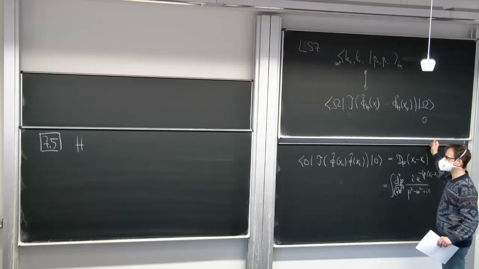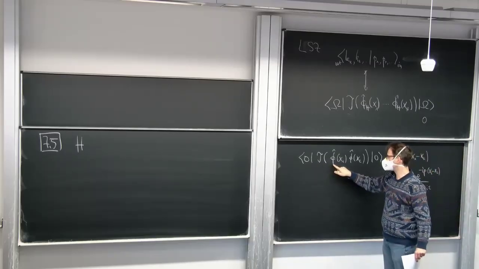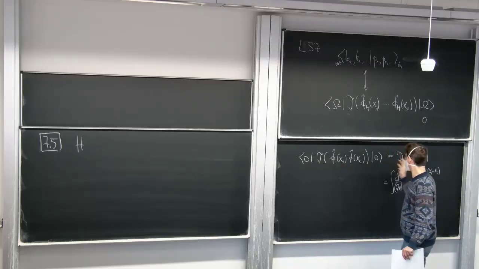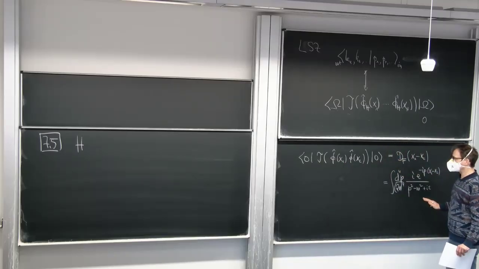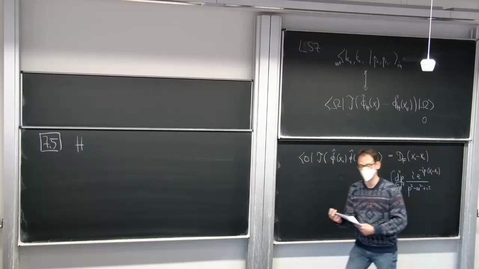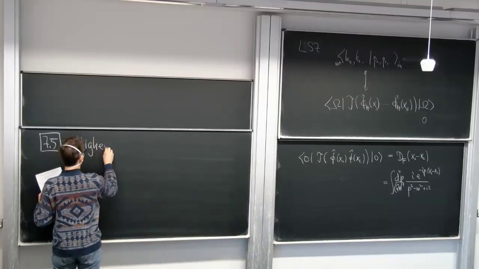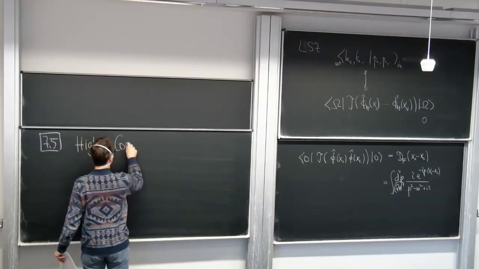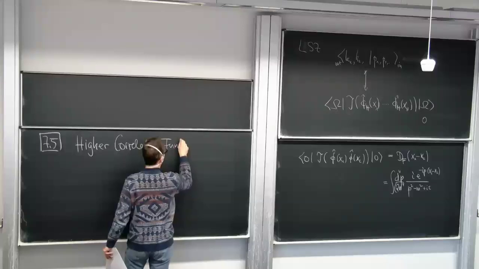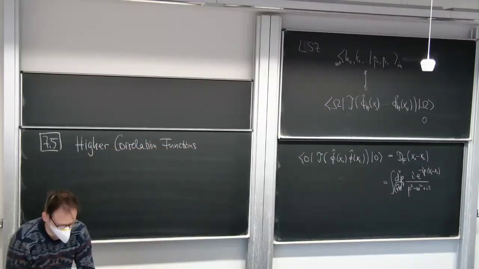And in the homework, which you are still working on, you have the time-ordered correlation function of two fermions and two photons, and they look very similar. So let's assume we know how to compute time-ordered 2-point functions. And then today it's the higher correlation functions: three, four, five, 6-point functions.